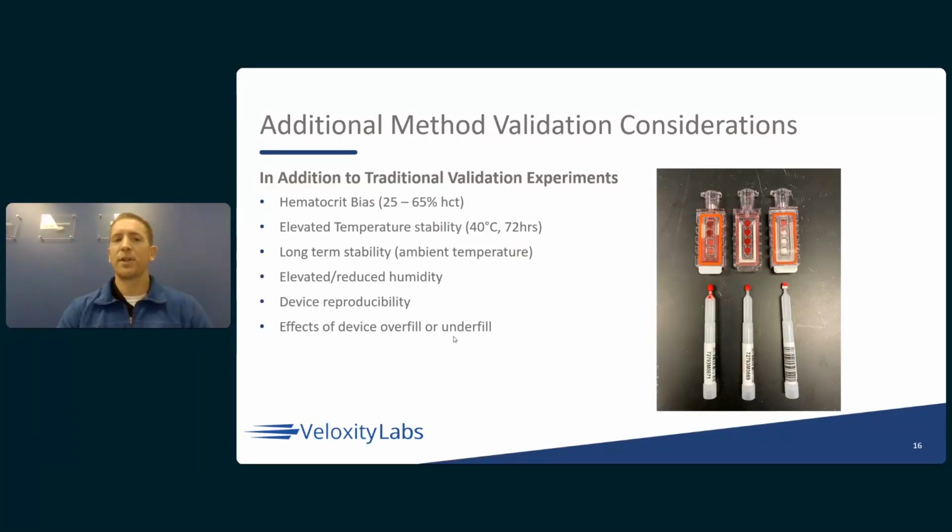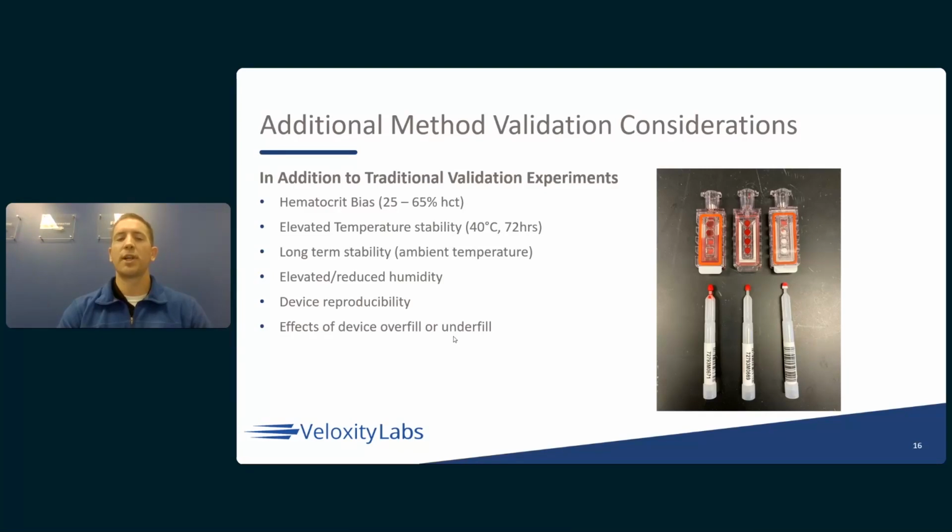Something different is you're also going to do long-term stability at ambient temperature. These devices, although they can be stored in freezers, the optimal way is just at ambient temperature. So that's something that you typically wouldn't do with plasma or wet whole blood that you're going to do for Tasso.